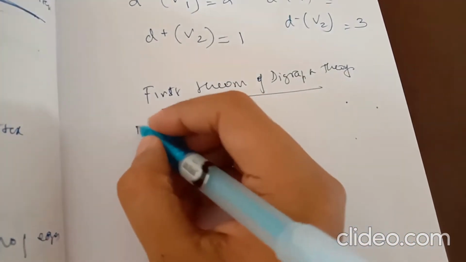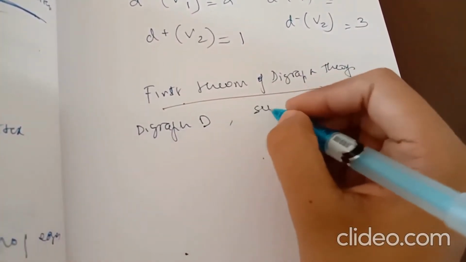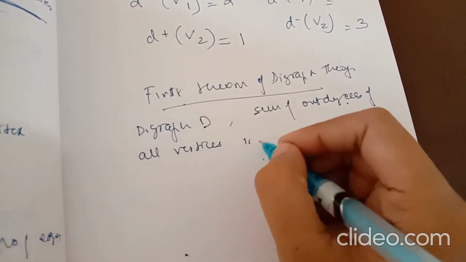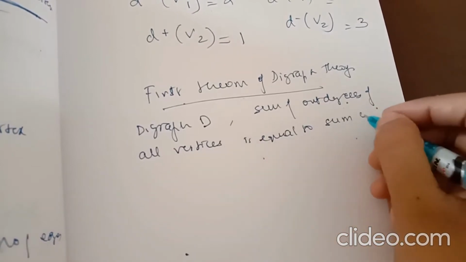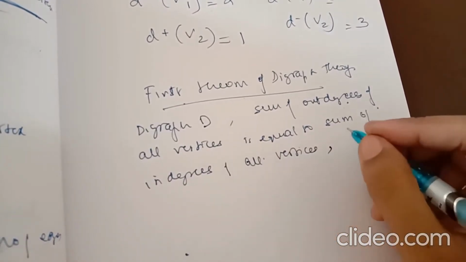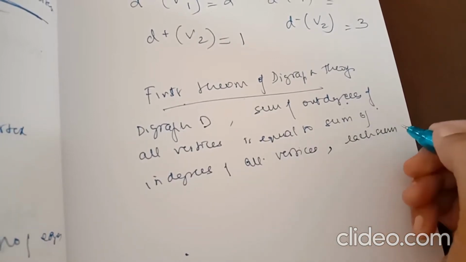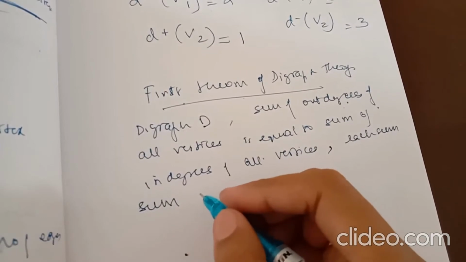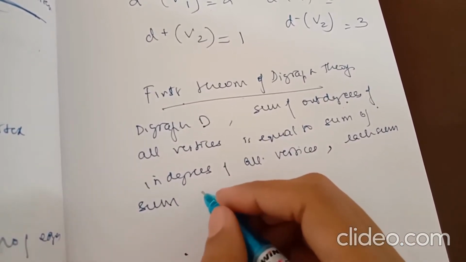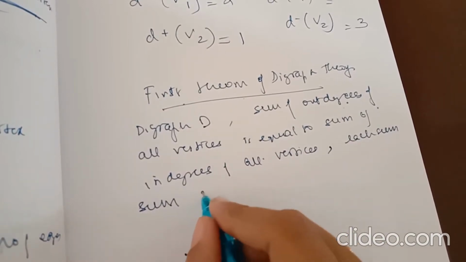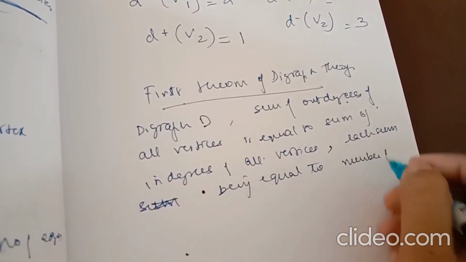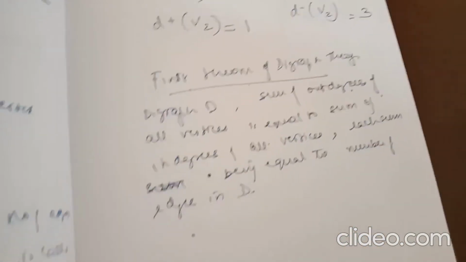It states that in every digraph D, the sum of out degrees of all the vertices is equal to the sum of in degrees of all the vertices, and each of these sums must be equal to the number of edges in the digraph.